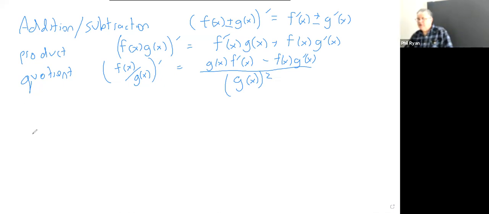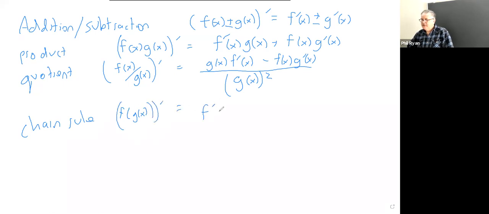And then finally, we had the chain rule, which told us that if we have f of g of x, then we just multiply the two derivatives together.